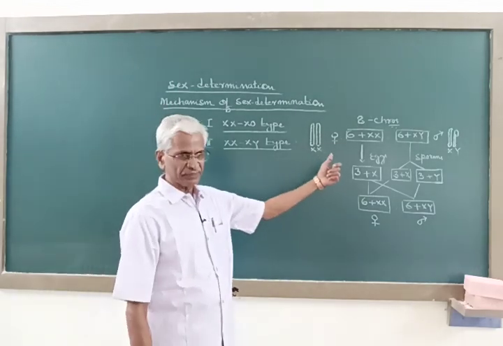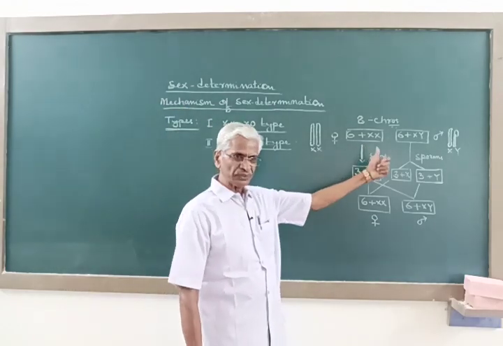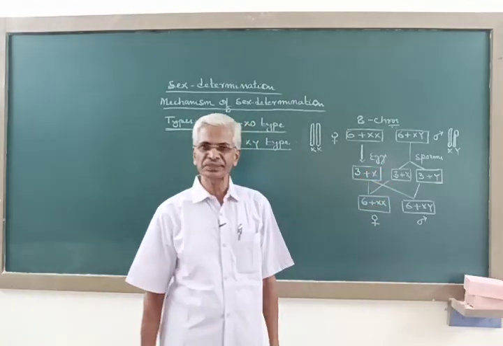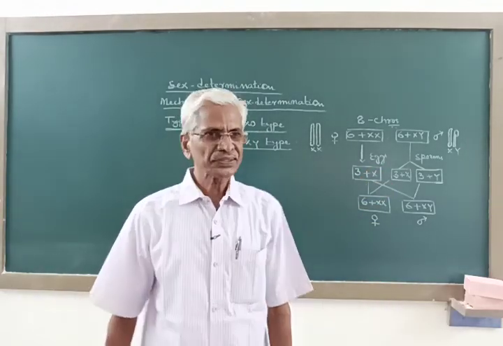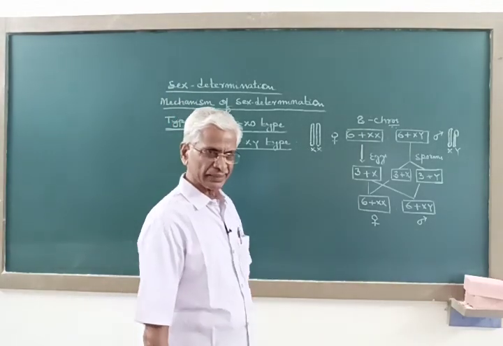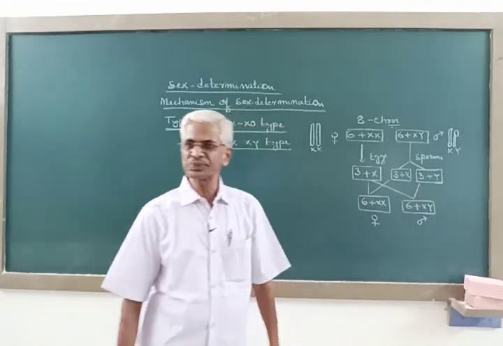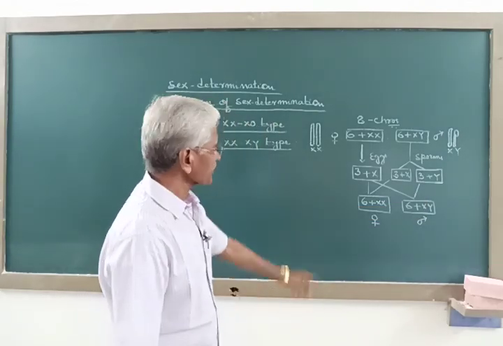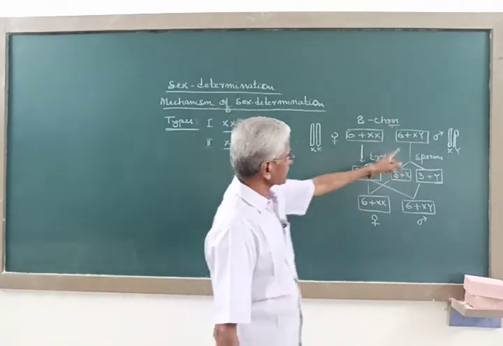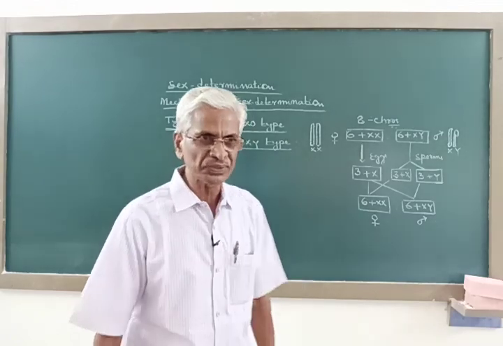Now just like in man, in Drosophila also, female produces similar type of eggs. Hence, here also female is homogametic, having a pair of identical, homomorphic sex chromosomes, whereas the male has a pair of dissimilar sex chromosomes.